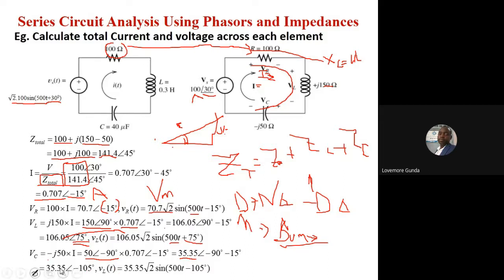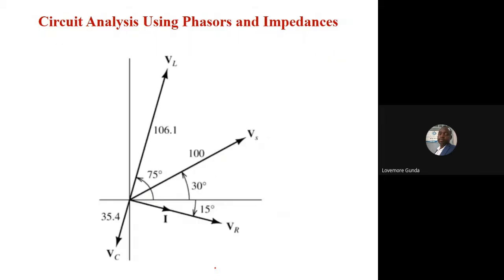In time domain, magnitude times root 2 sine of 500t minus 105. I think I've covered basically everything that you need when you're dealing with these components in AC, right?